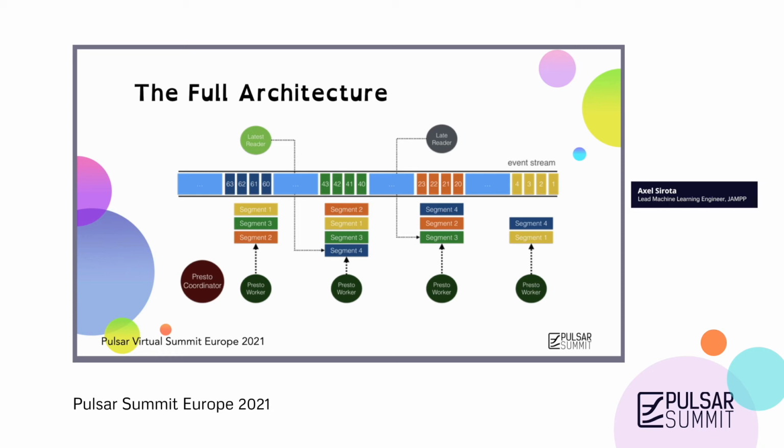And if we have a reader reading, for example, segment 4 in one bookie, we can coordinate with the Presto coordinator such that the worker on the split that needs to read segment 4 will read on another bookie, on the replicated segment. So they don't collide, we don't have any problem in performance.